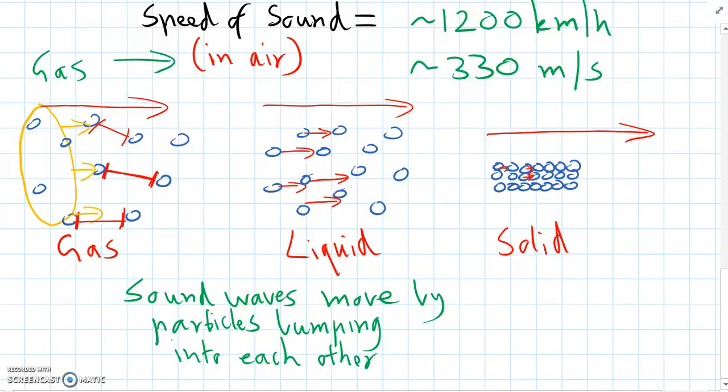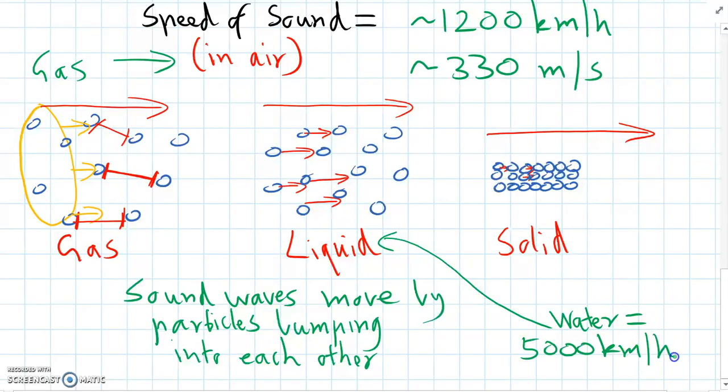And as an example, in water, which is a liquid, sound in water moves at about 5,000 kilometers an hour. Much faster than in air, which is a gas.